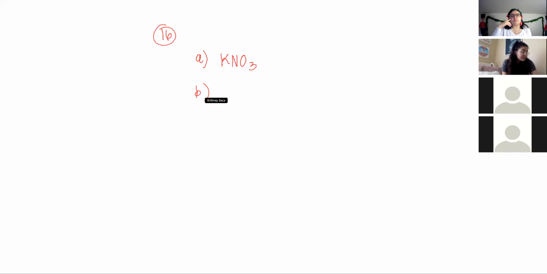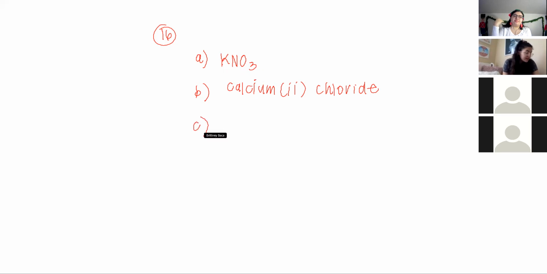For the second one, we have calcium 2 chloride. That's an I, by the way. For C, we have Mg2 and 3. For D, we have K2PO4. And for E, we have none of the above. Oh, no, wait, all are correct. Sorry, I was reading number 15.